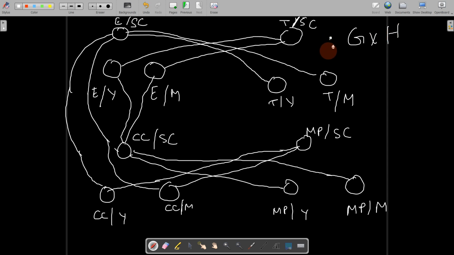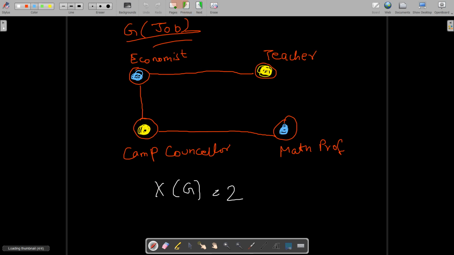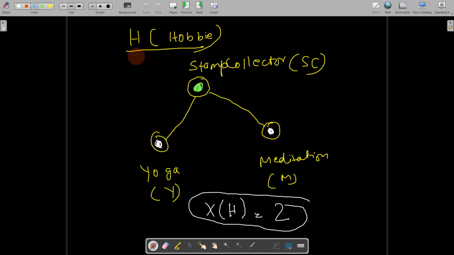Now the question is same: how many minimum colors do you need to color this graph so that adjacent nodes don't have the same colors? One of the ways we can color is this. We know the individual graph colorings, right? G and H graphs, we know the G graph requires two colors, and the hobby graph also required minimum two colors, right?